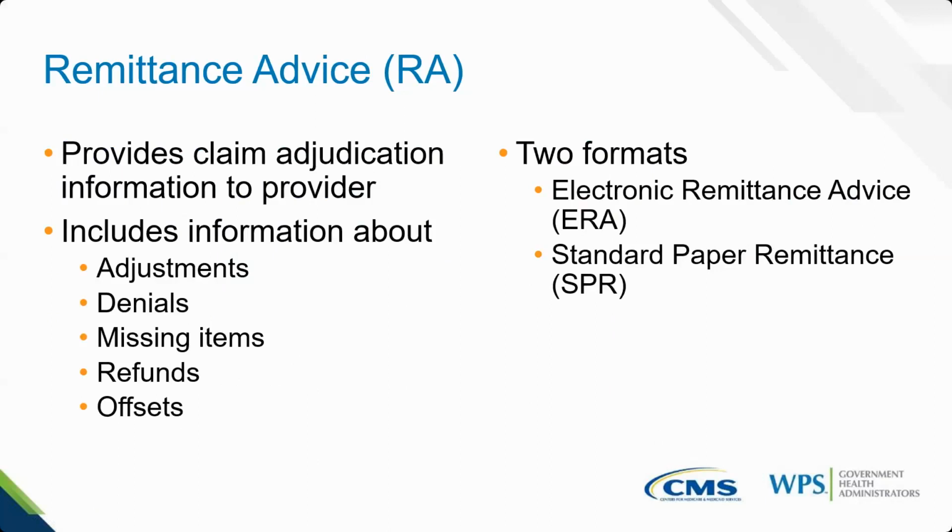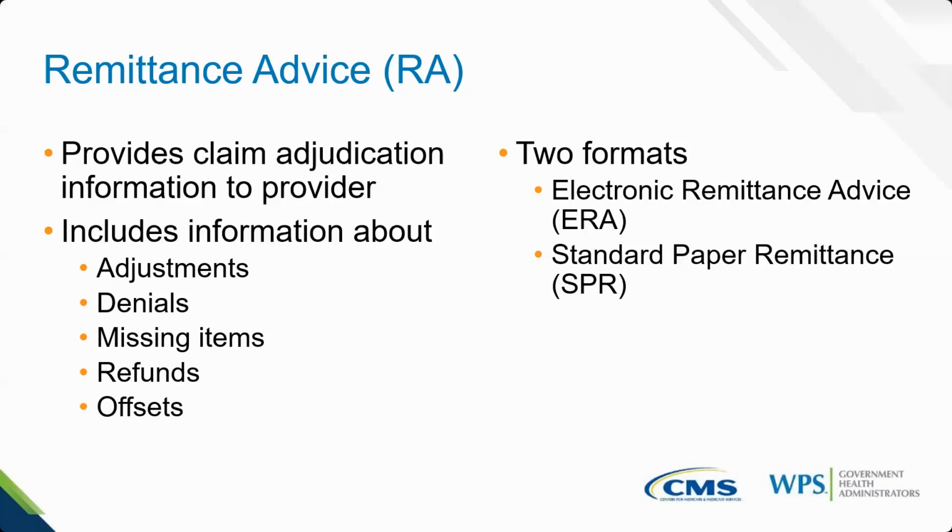What we're talking about here is the remittance advice, and there are two different formats. As I mentioned, most people are getting that electronic remittance advice, or ERA, as opposed to the standard paper remittance, or SPR. That ERA includes details about the transfer of funds and payment processing from the payer to the healthcare provider's bank.